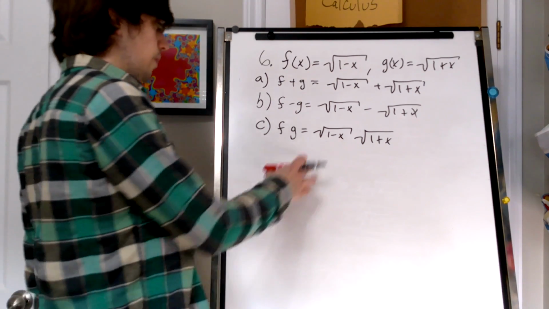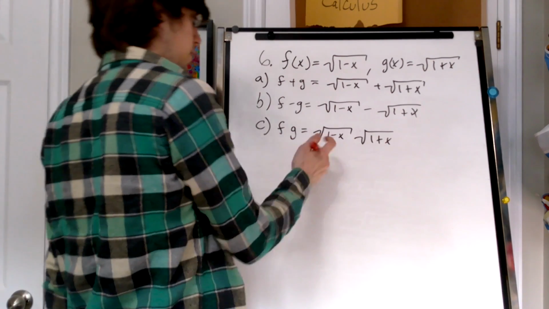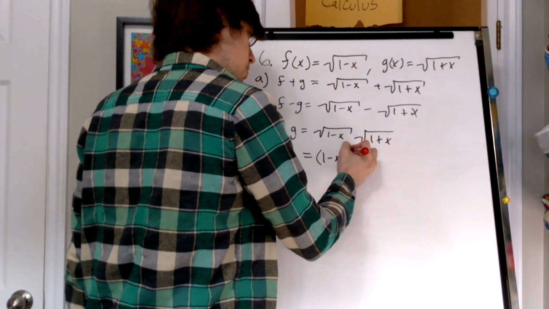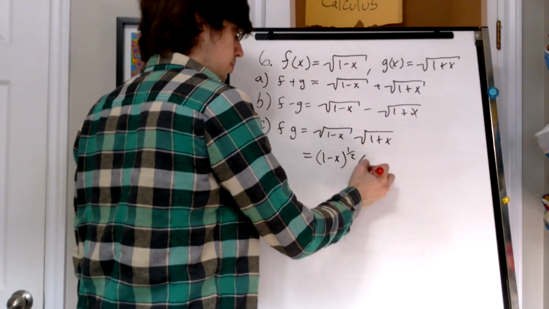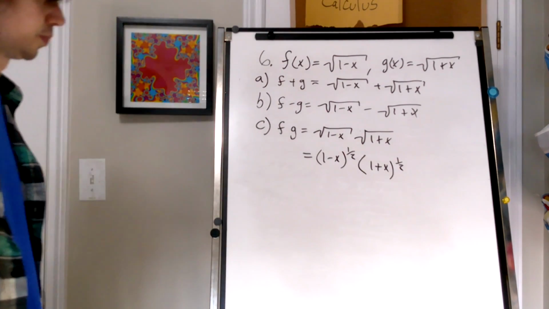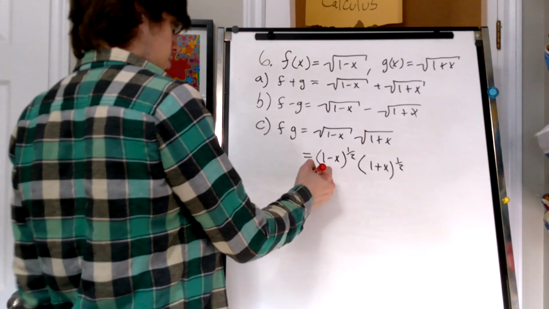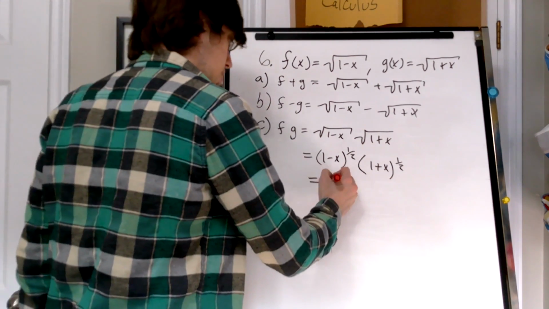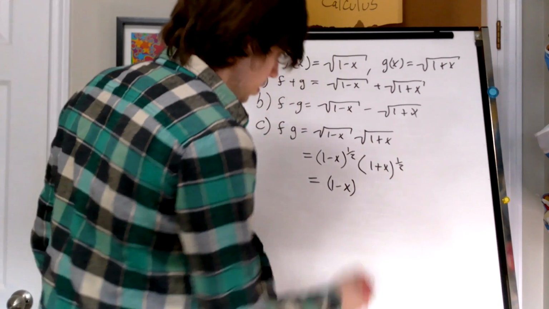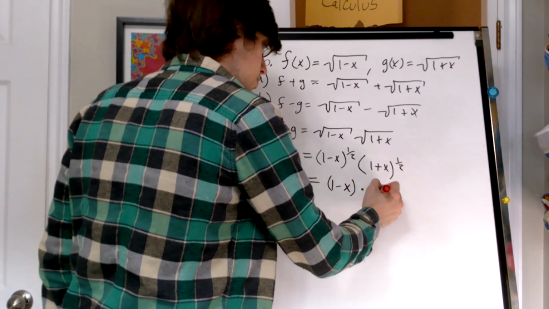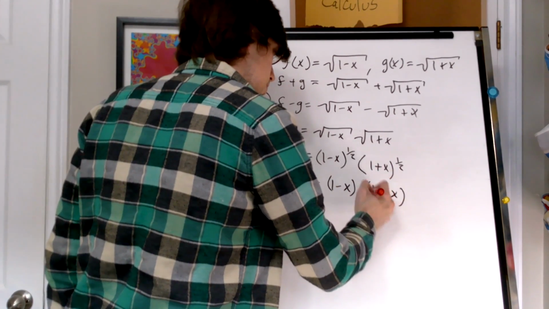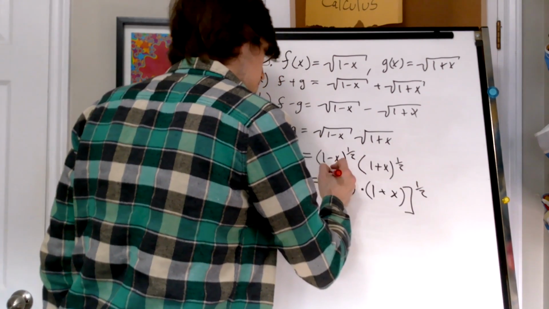We can try and solve this one, make it simpler. Let's do that by making these exponents of half powers. By doing that, we see that we should be able to put these together.